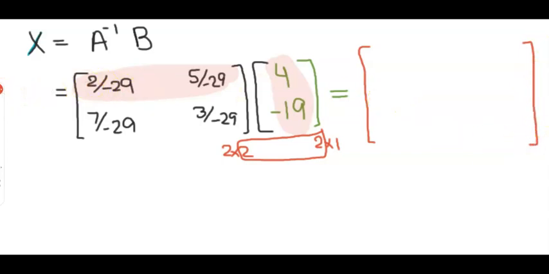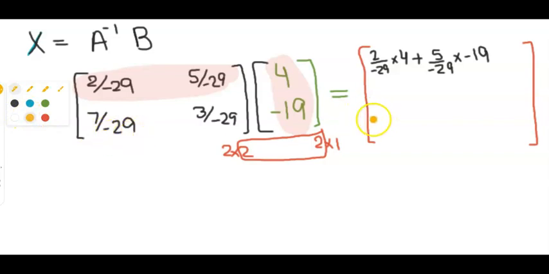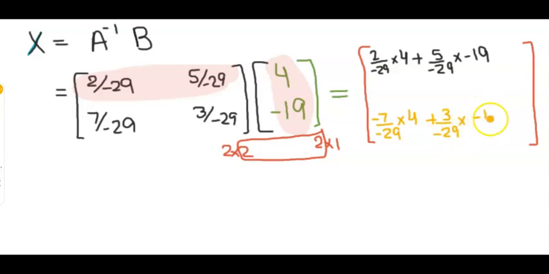So I do 2 over minus 29 multiplied by 4 plus 5 over minus 29 multiplied by minus 19. I will put that in my calculator to get an answer. Now the next part, the bottom one: 7 over minus 29 multiplied by 4, plus 3 over minus 29 multiplied by minus 19.